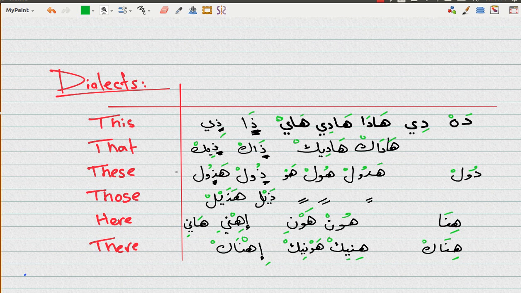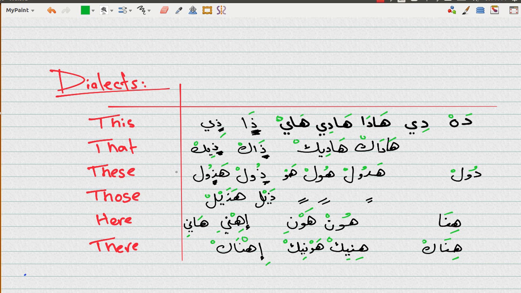That was all for our examples, but now we're going to talk about dialects. Since dialects are a modified version of the original modern standard Arabic, when you go to Arabic countries, you might find people speaking in a very different way.